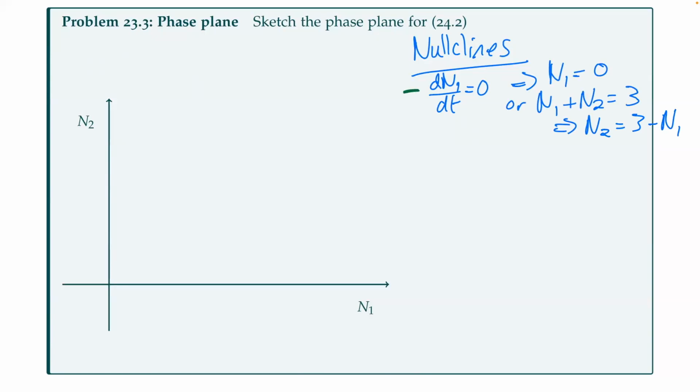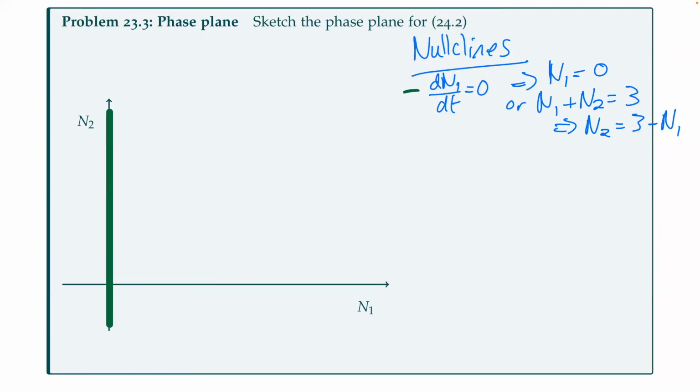So what do they look like? Well, n1 equal to 0 is just going along this vertical axis here. In fact, I'll do it in a color. So that's one of my null lines. My other null line is n2 equal to 3 minus n1.